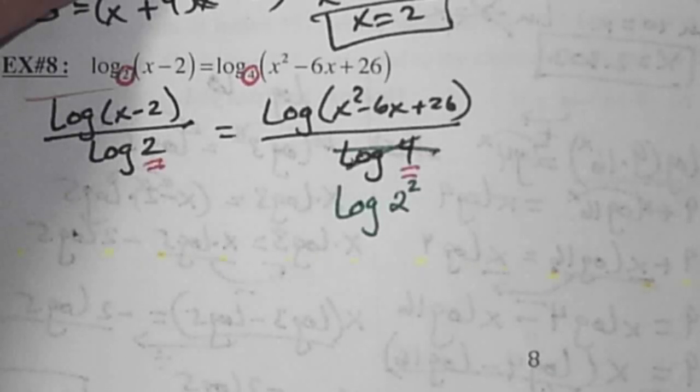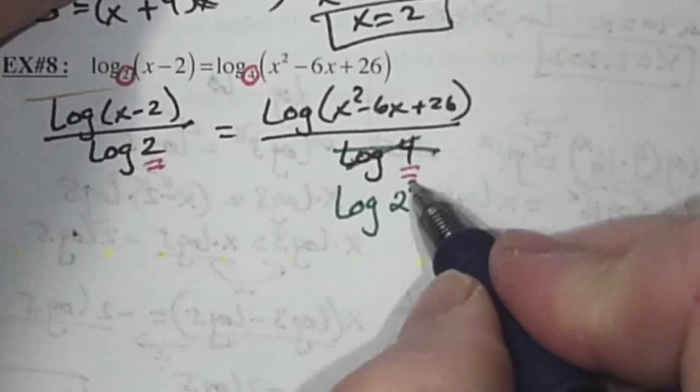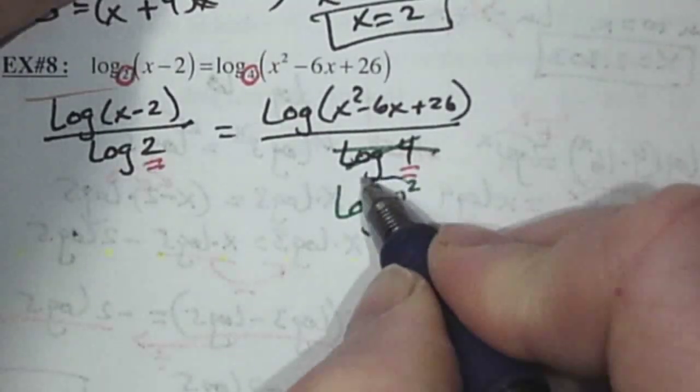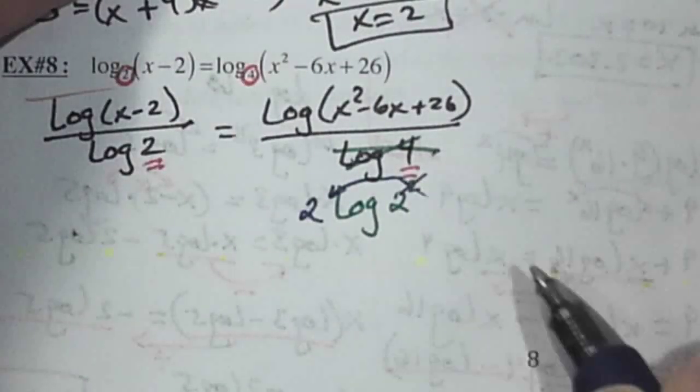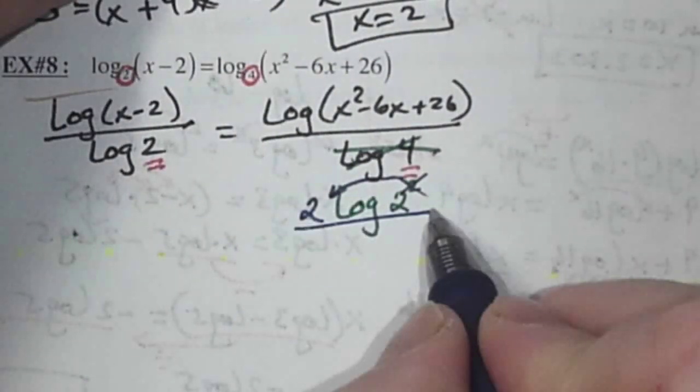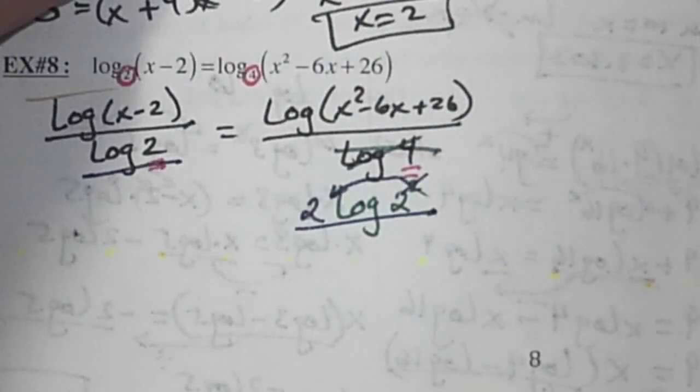But even more, Rule 3 says I can take this 2 here and bring it in front. So now I have 2 log 2 and log 2.